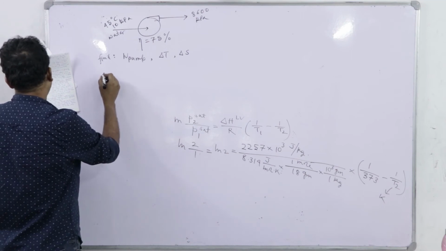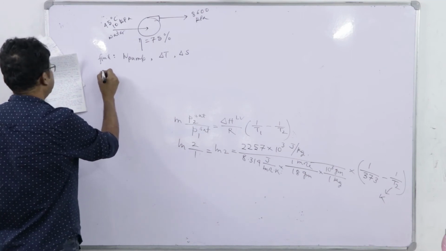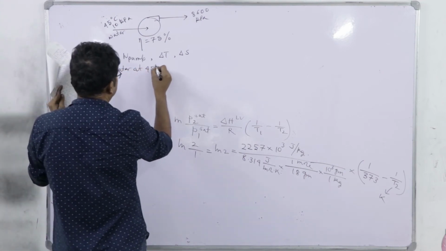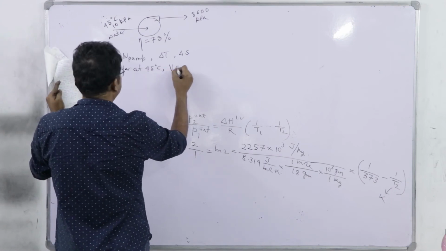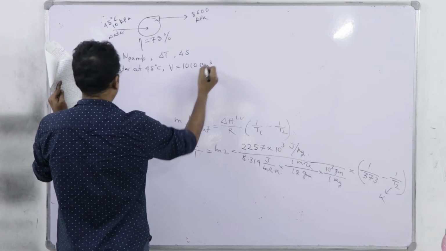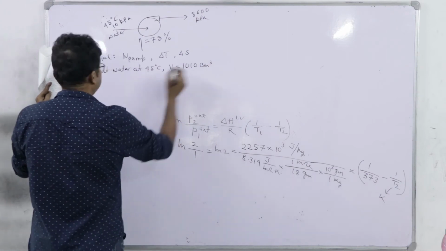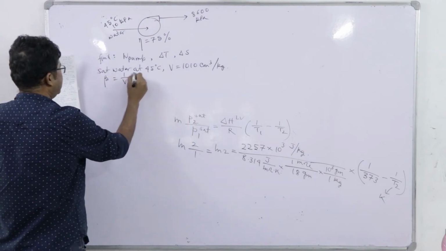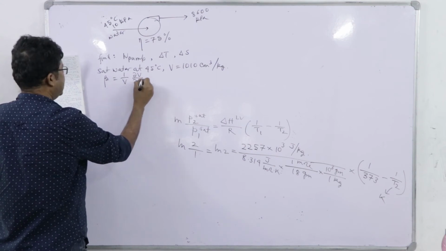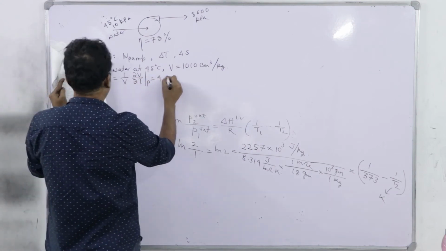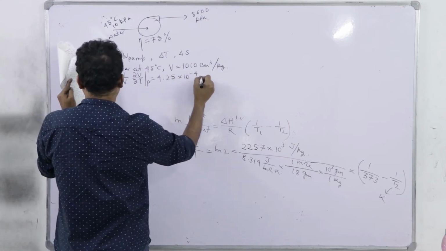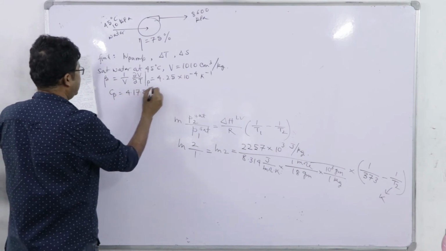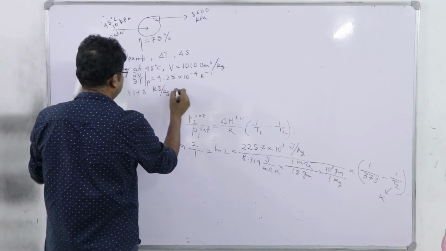Now, given that for saturated liquid water at 45 degrees, V is equal to 1010 centimeter cube per kg, beta is equal to 1 by V del V del T, the volume expansion coefficient, 4.25 into 10 to the power minus 4 Kelvin inverse, Cp is equal to 4.178 kilojoule per kg Kelvin.